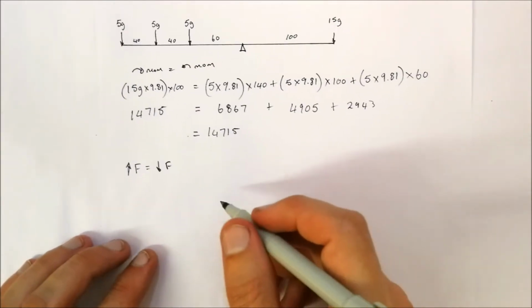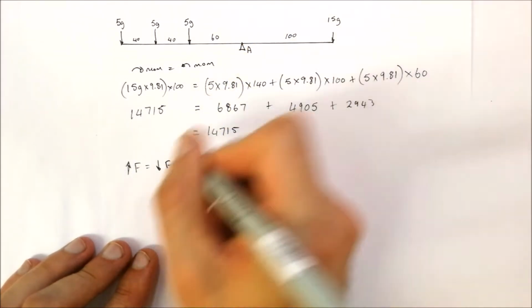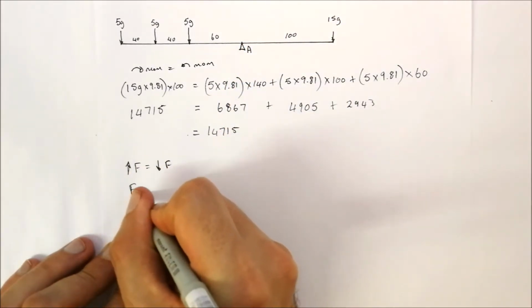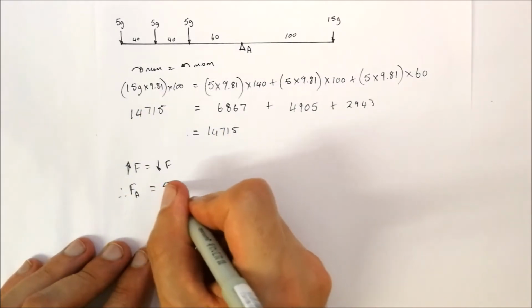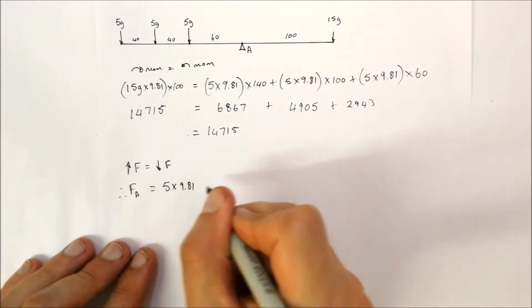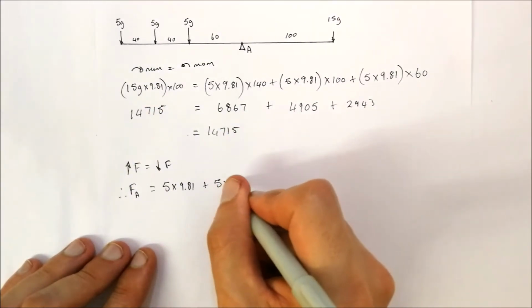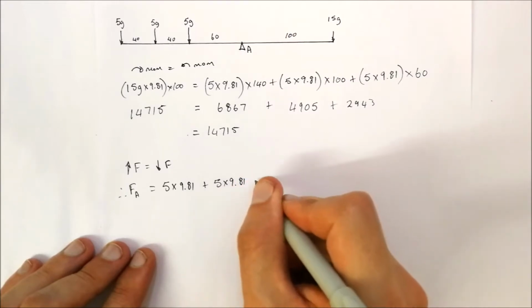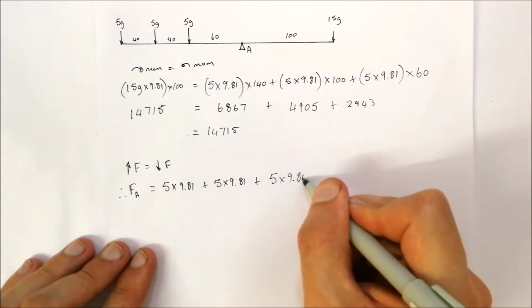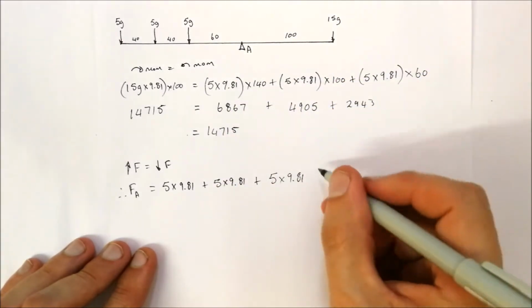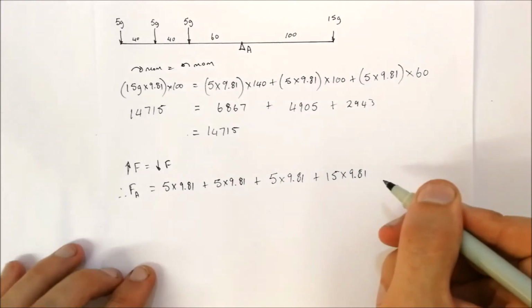So the force at the pivot point, let's call that A, is equal to 5 times 9.81 plus 5 times 9.81 plus 5 times 9.81 plus 15 times 9.81.